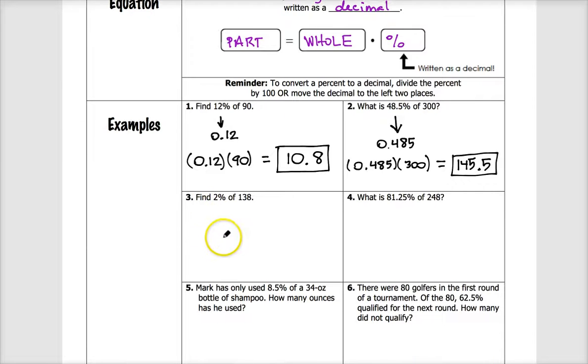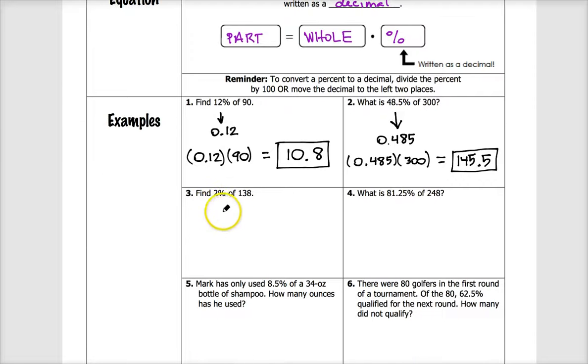Number three, find 2% of 138. 2% as a decimal is 0.02. Be careful on that. The decimal point needs to move two places. So one place would be 0.2, two places 0.02. So this percent equation is 0.02 times 138, and that is equal to 2.76.